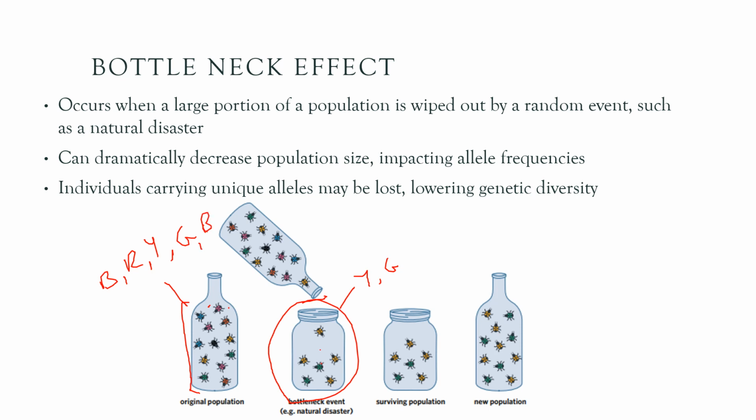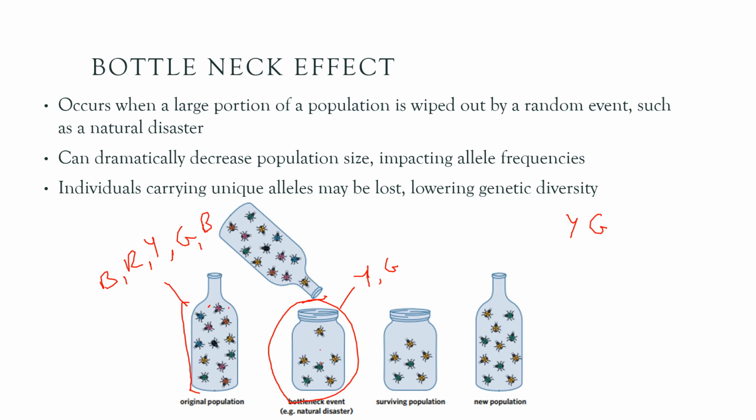In the natural disaster, just by randomness and chance, only our yellow and our green beetles have survived. This has dramatically decreased the population size and therefore dramatically impacted the allele frequencies. Whereas before we had lots of variety of alleles, we now only have two different alleles in this beetle population. And therefore we've severely lowered the genetic diversity of this population.